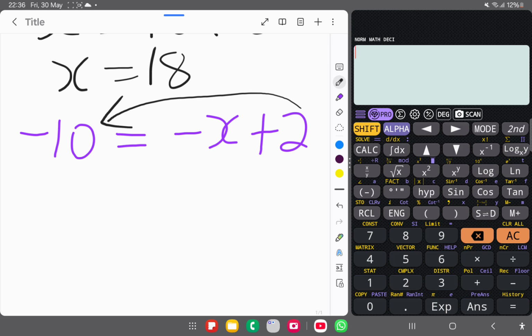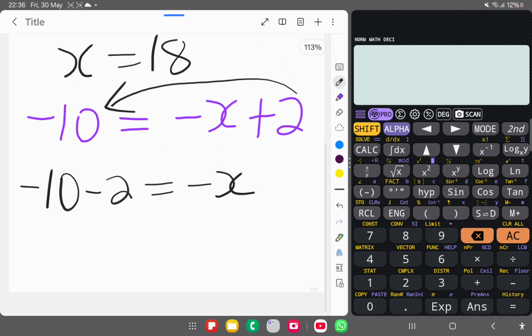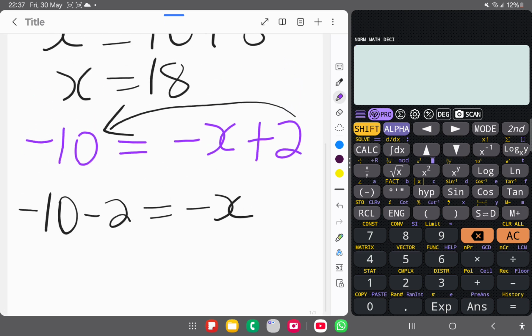So you bring the 2 to that side, so you have minus 10. Because you're bringing the positive 2 to the other side, it will be minus 2. And then it will be minus x. So basically you have minus 12 equals minus x.